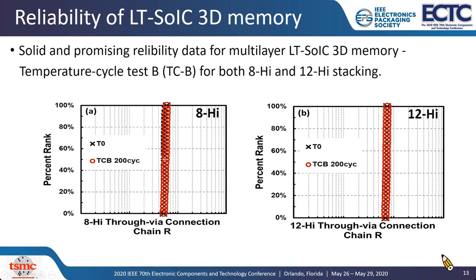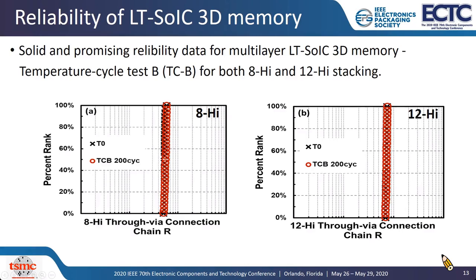The chain resistance for the through-via connection in the 8-high and 12-high samples was also measured. The resistance at time 0 and the resistance after running 200 cycles of thermal compression bonding (TCB) test were measured and compared.